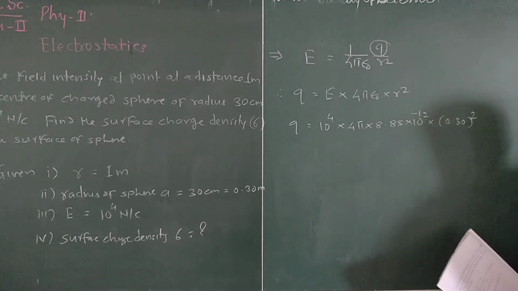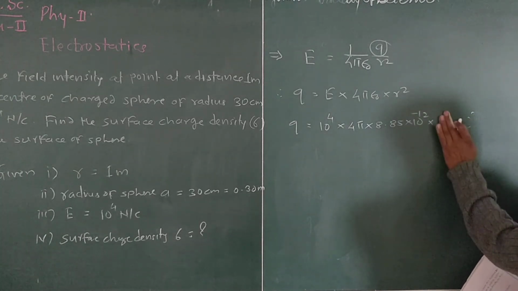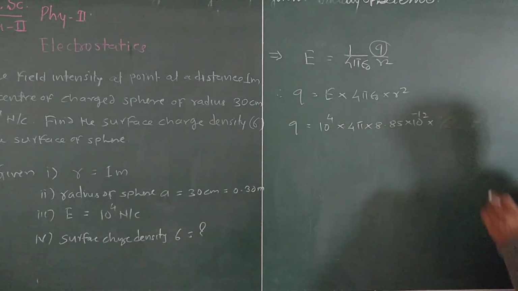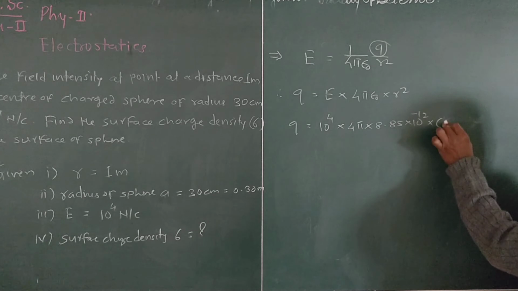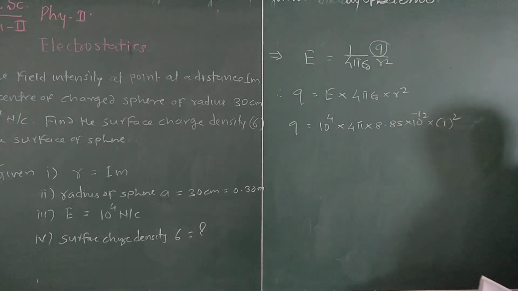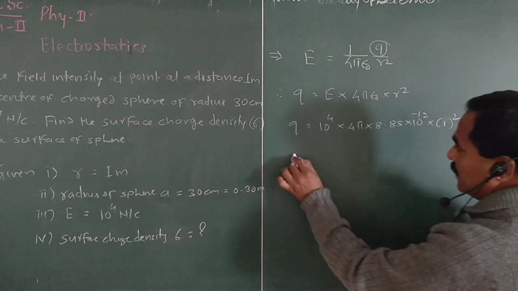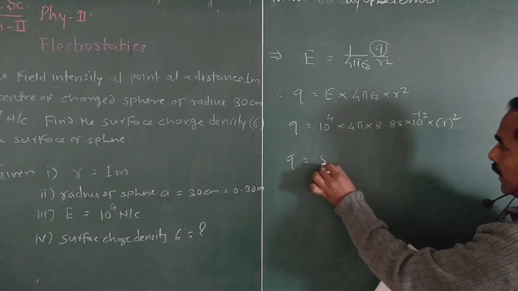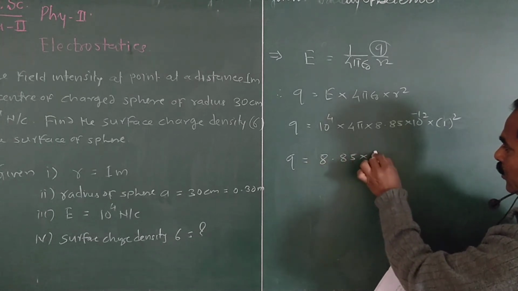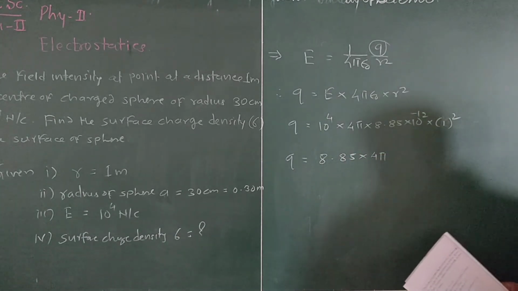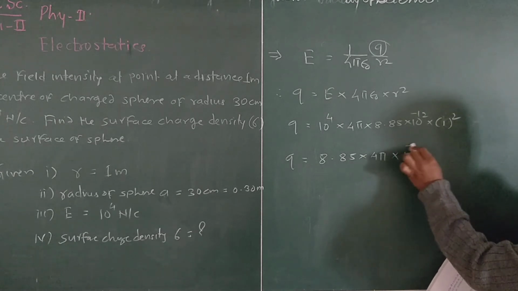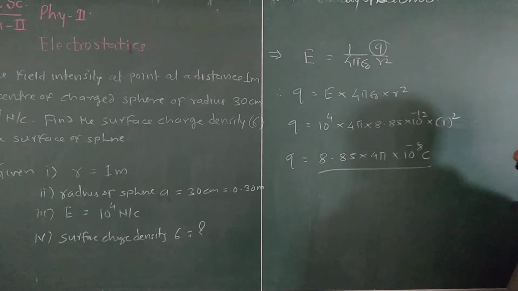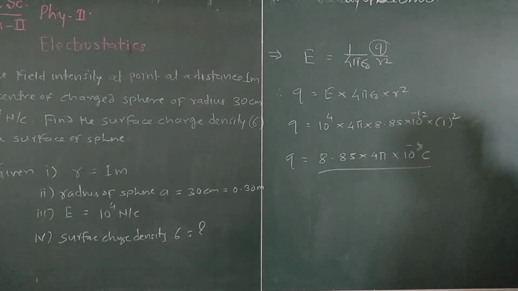Sorry, that is the radius, and r equal to 1 meter distance, so right here 1 bracket square. By doing the calculation, we get 8.85 into 4 pi into 10 raised to minus 8 coulomb. So this is the value of charge.